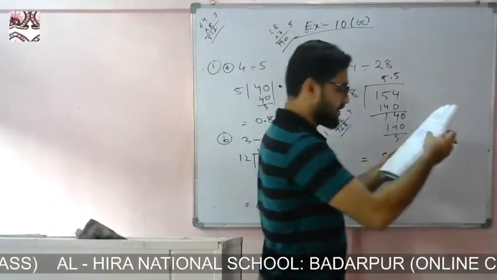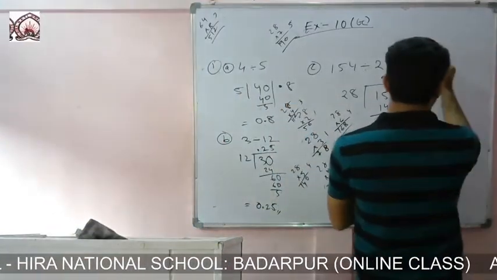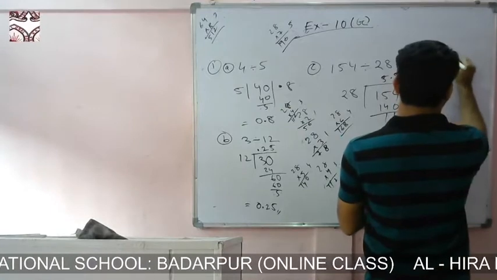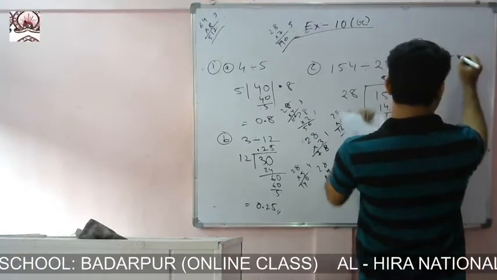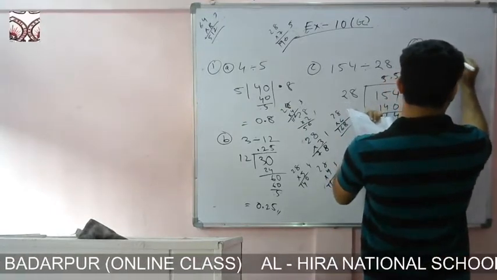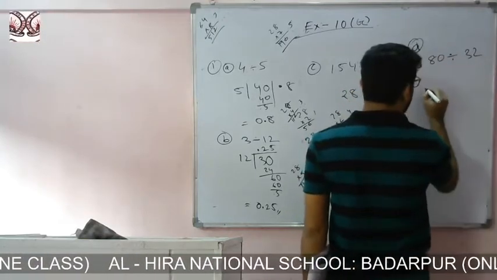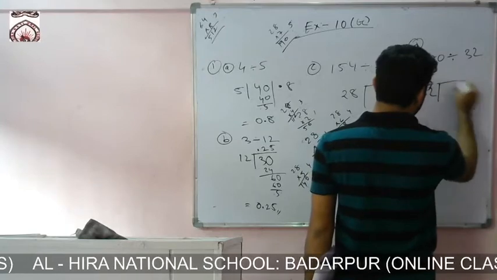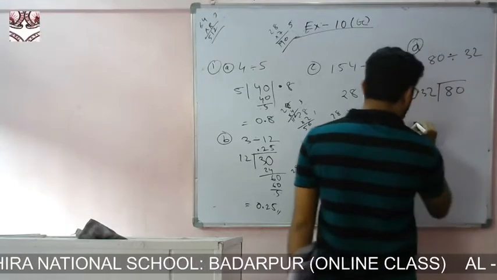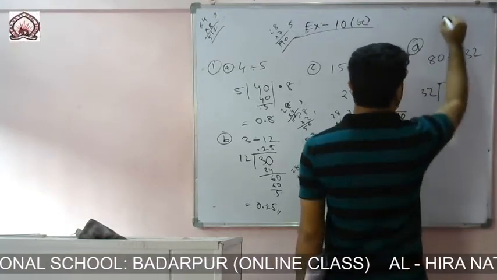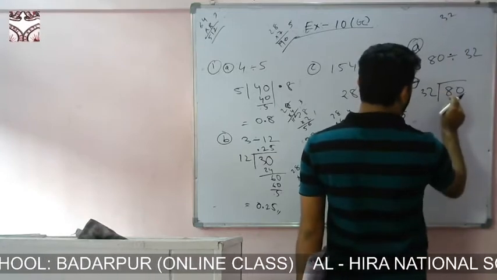Okay, now come to D. You see 80 divided by 32. Okay, then 32 80. So let us check 32 into what? 80 we are getting.